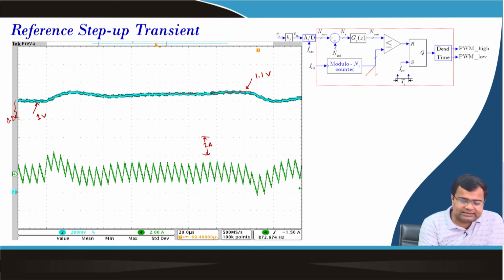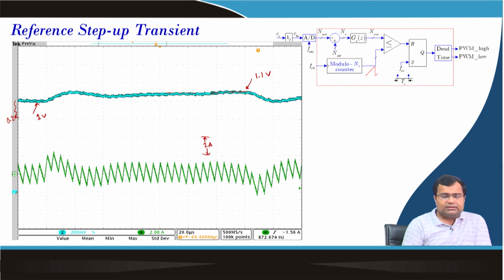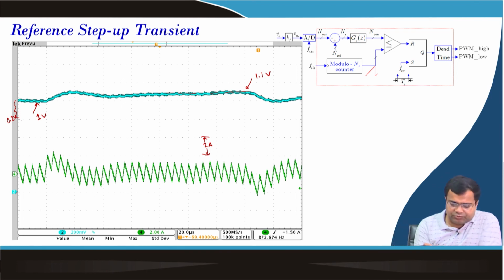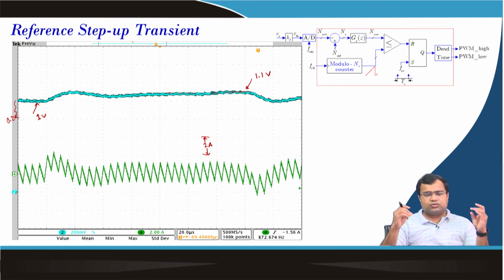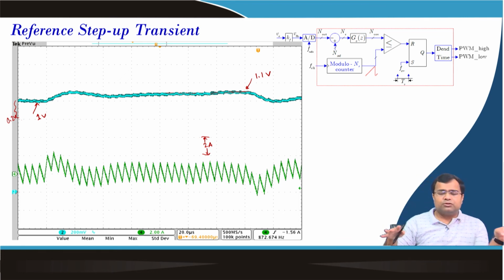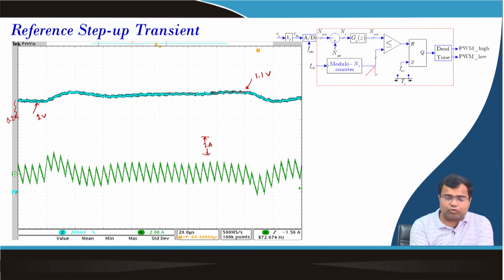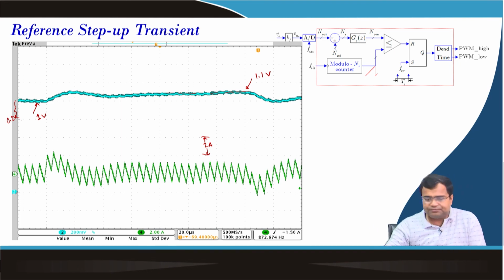There is a slight overshoot, but it is taking somewhat longer time to settle. It is going close fast, within like 20 microsecond, but there is a slight overshoot with respect to the new reference voltage. So, it is taking somewhat more time to reach the steady state value.